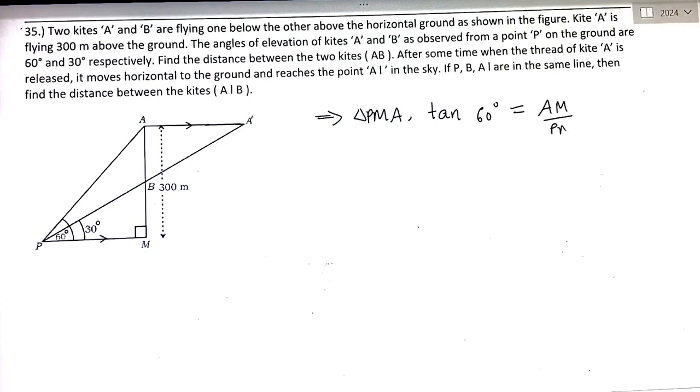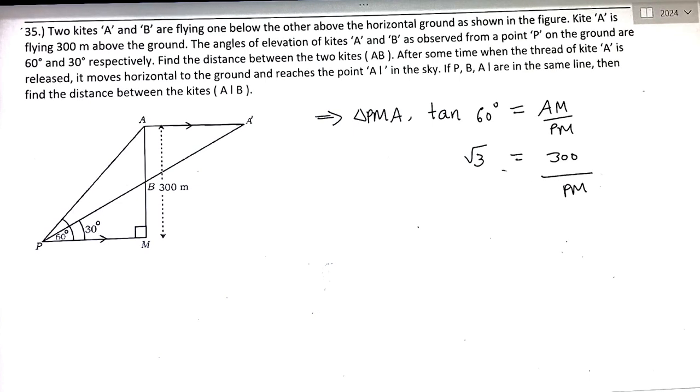What is the value of tan 60? It is nothing but root 3. And what is the value of AM? It is given in the figure, that is 300 meters. What is the value of PM? It's not known, so write it as it is.